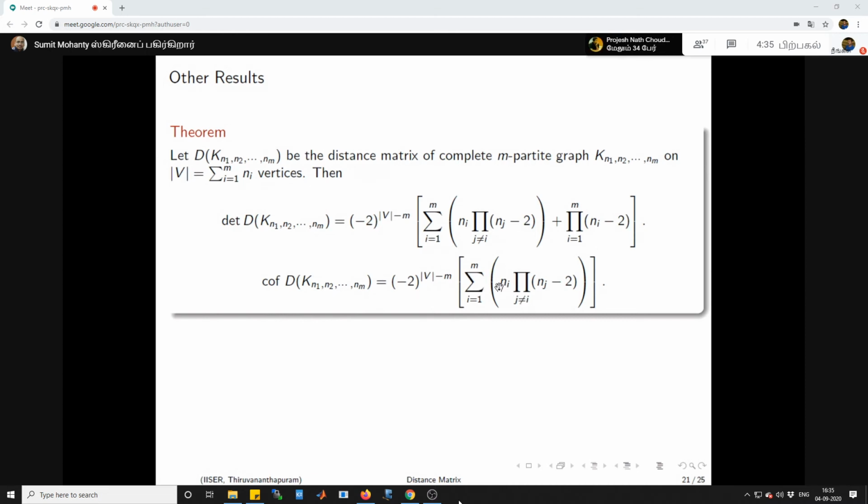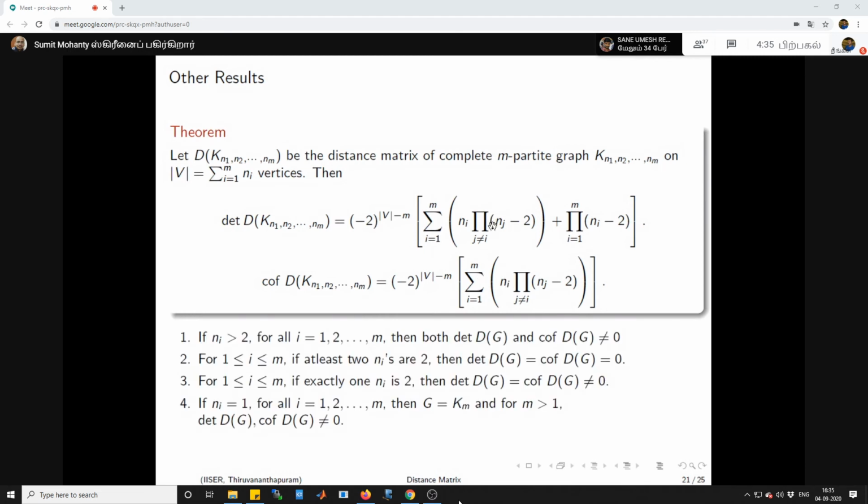Some of the things can be directly observed. If I choose any two n_i's to be 2, then this is 0, and this entry is also 0, and the same is true for the cofactor.